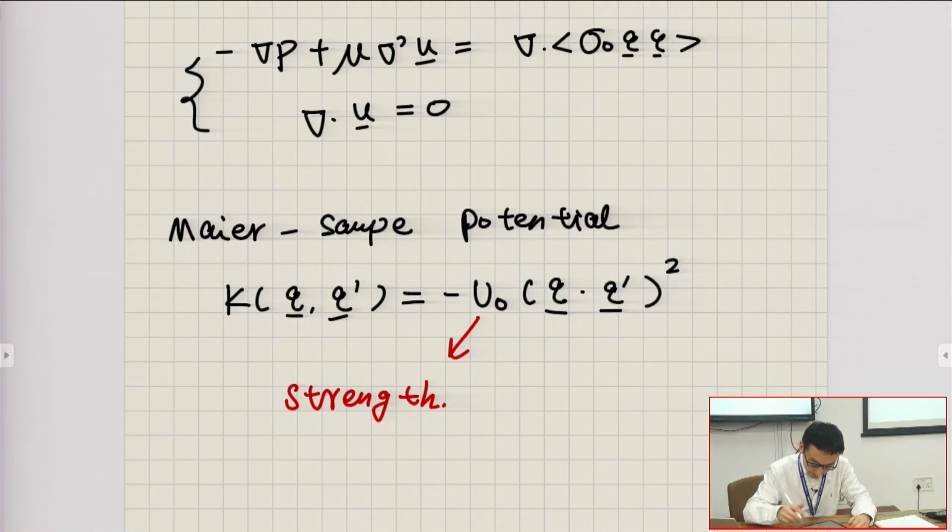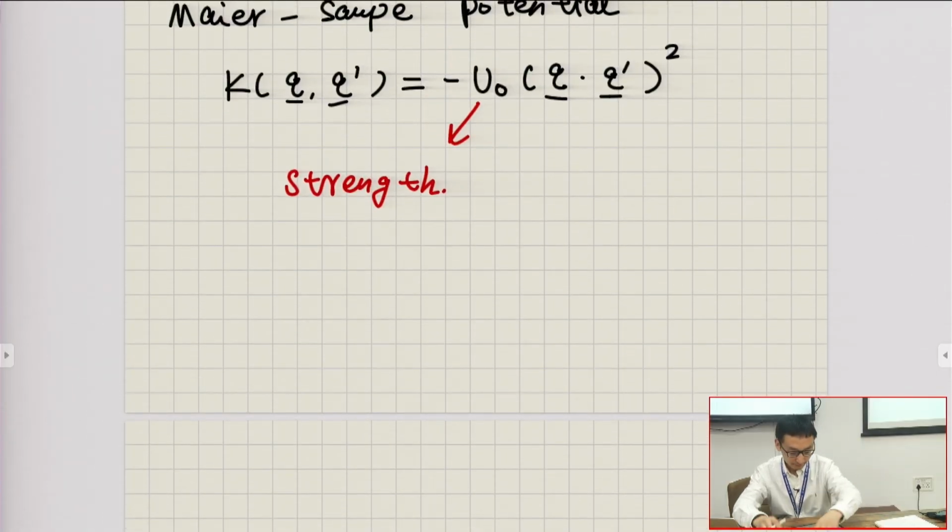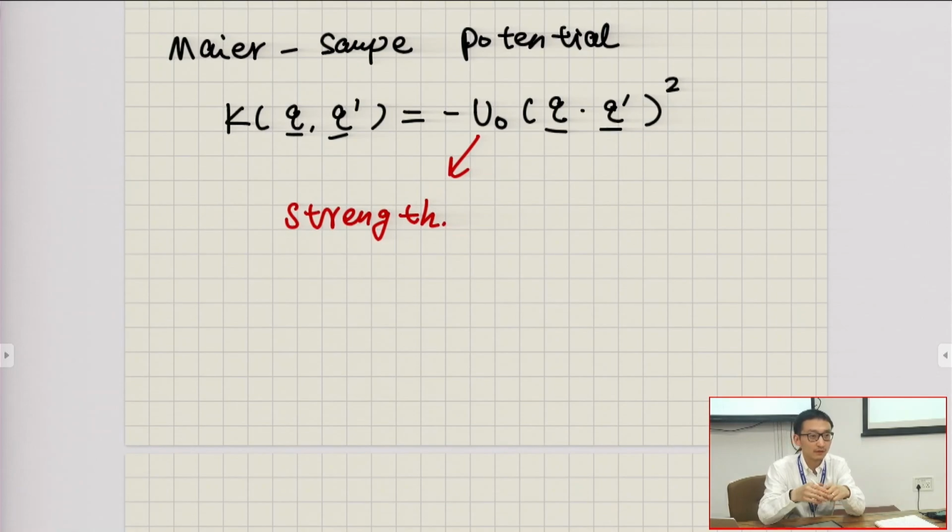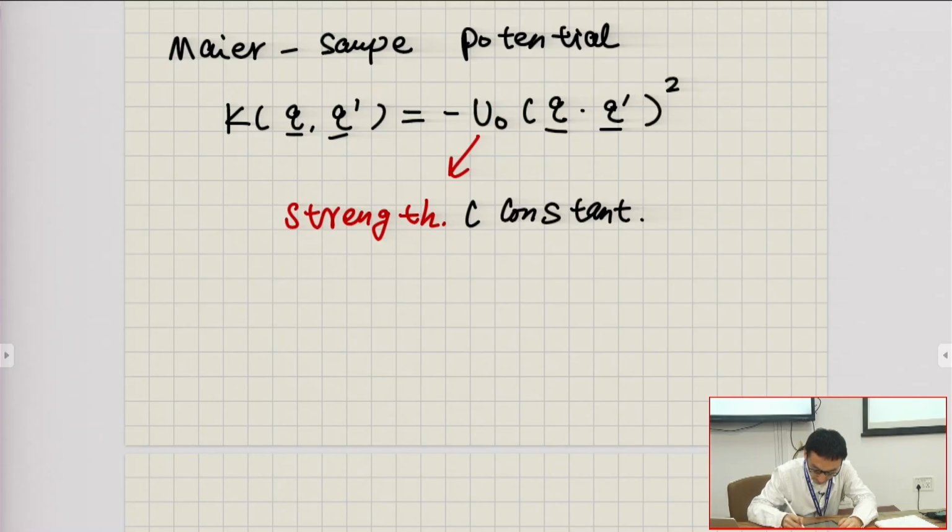You can tune the value, increase or decrease it, if you want to match it with something. Q is the first particle's orientation, and the other one would be Q prime.